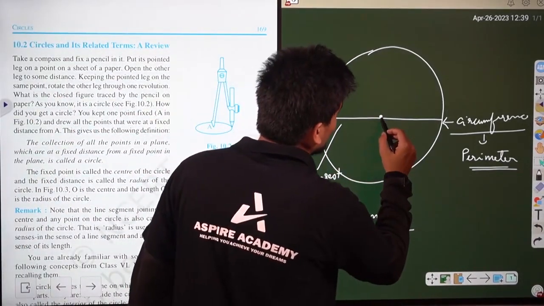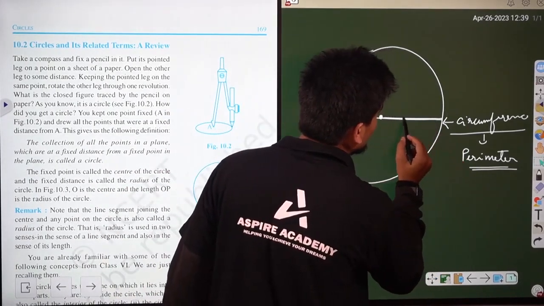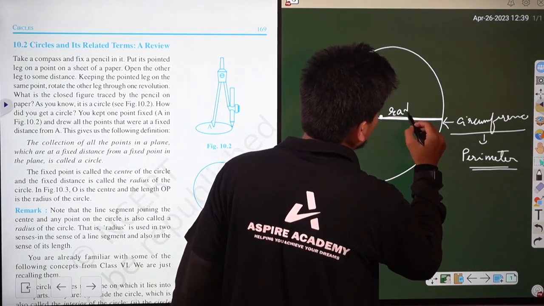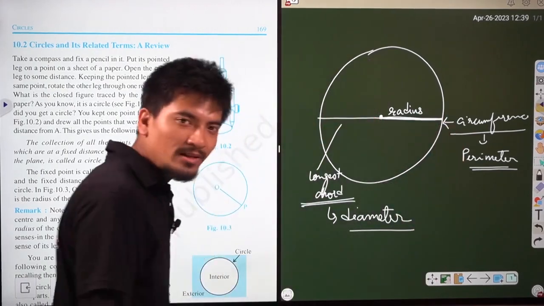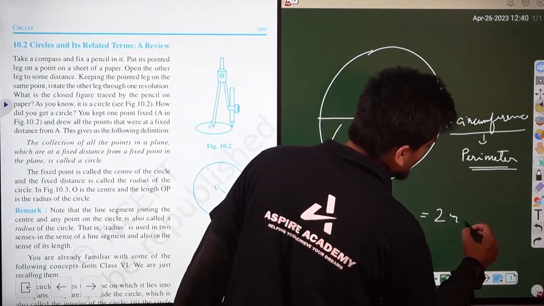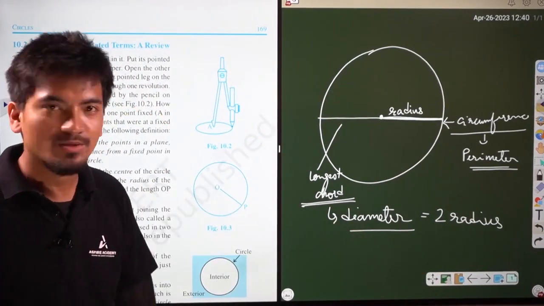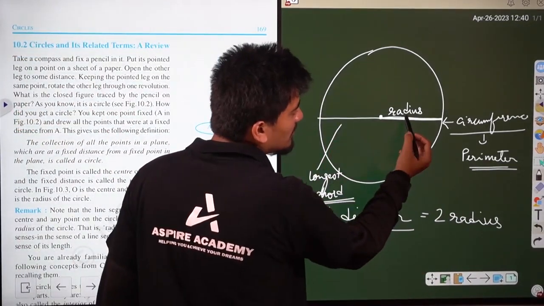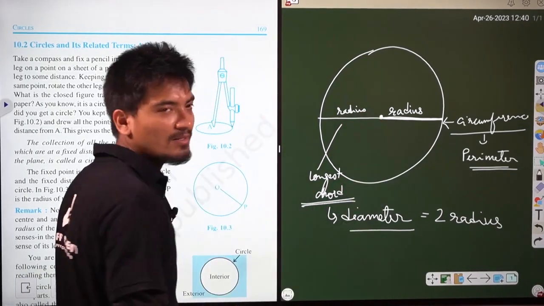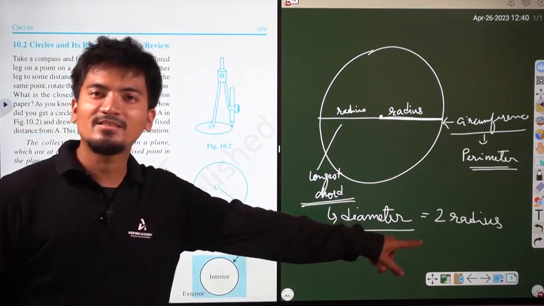And if I take only this part, then what is it called? It is called the radius, right? So diameter is equal to twice the radius. Why? Because this one is the first radius, and this one is the second radius. So if we add the two radii, we get the diameter.